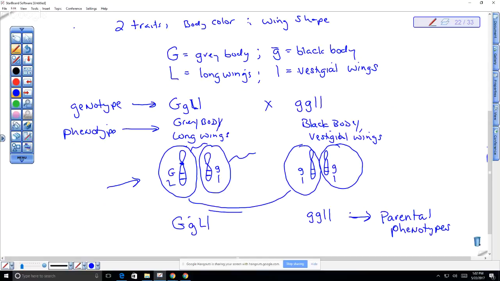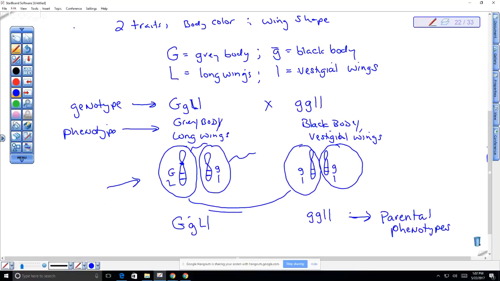In this one, the big L gets put over here and the little L gets here, and then all of a sudden we have big G with a little L, and little g with a big L, and that is what gives us the recombinant offspring. So the crossing over is what produces those gametes, and it doesn't occur very frequently compared to it not crossing over and separating. Okay? So this was the very first way they mapped genes onto chromosomes.